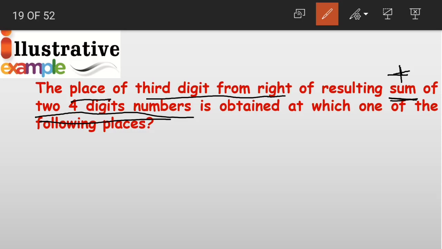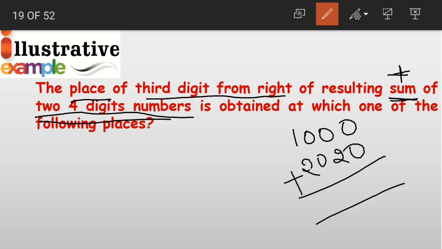Let us take any two numbers for example. Say 1000 and another one is 2020. When we add these two 4-digit numbers, the answer will be 3020. Yes.